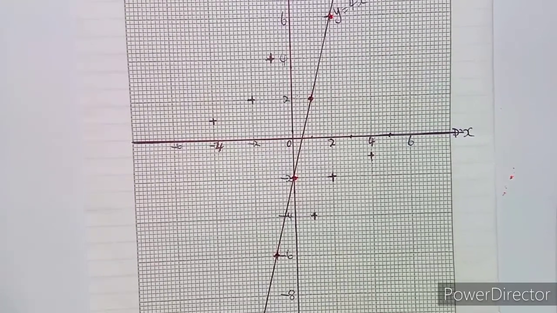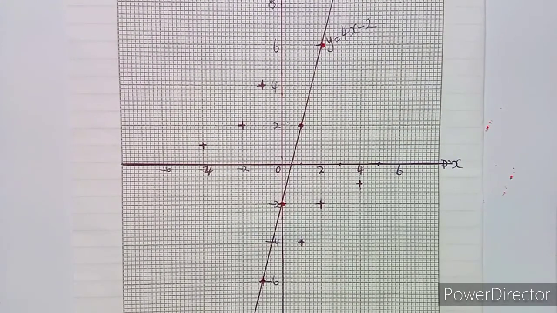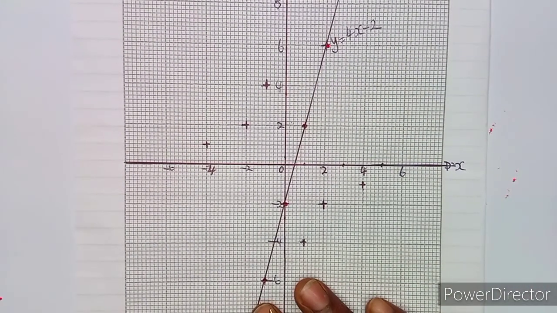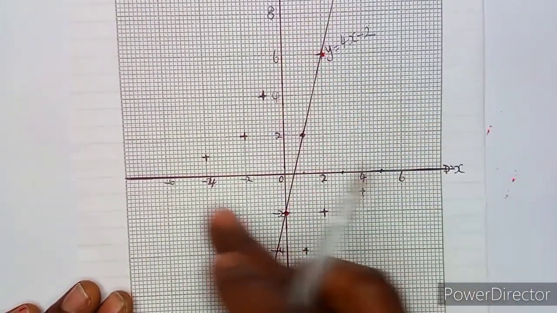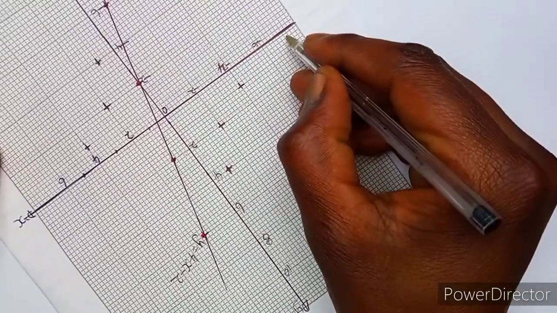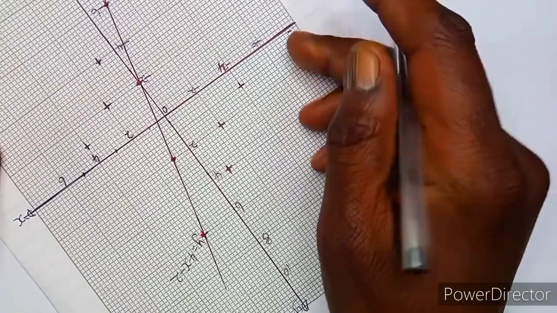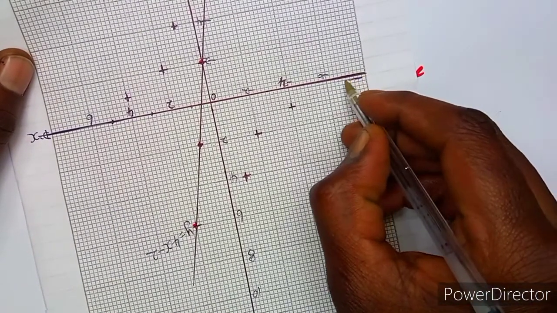As you can take note, the type of graph that you are working with is a hyperbola. So you're supposed to have the y-axis and the x-axis as the asymptotes. What I'm going to do, maybe shift like this, maybe I can draw something which is nicer. So this graph is going to try to approach the x-axis, but it's not going to reach the x-axis.